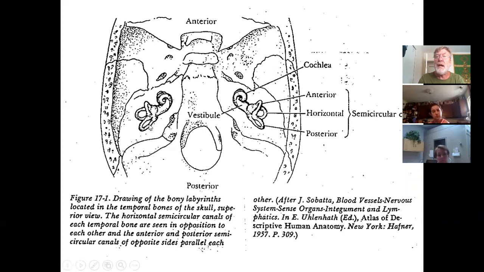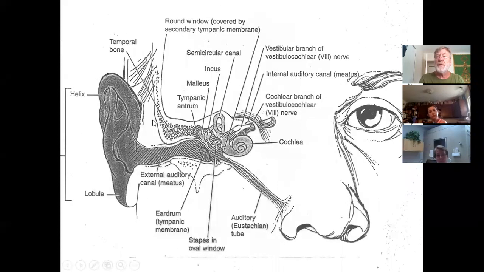Cochlea and balance organs. This is another orientation. Here's a person looking at you, and behind the eye is the cochlea. Here's the outer ear canal, external auditory meatus, eardrum, malleus, incus, stapes, and the cochlea, balance organs, eighth nerve, eustachian tube going down to the throat or to the tonsils.